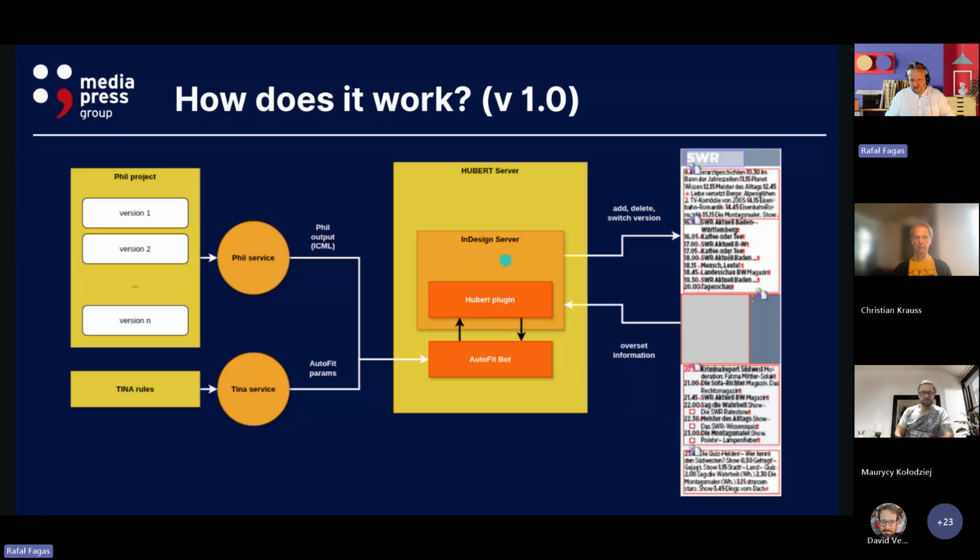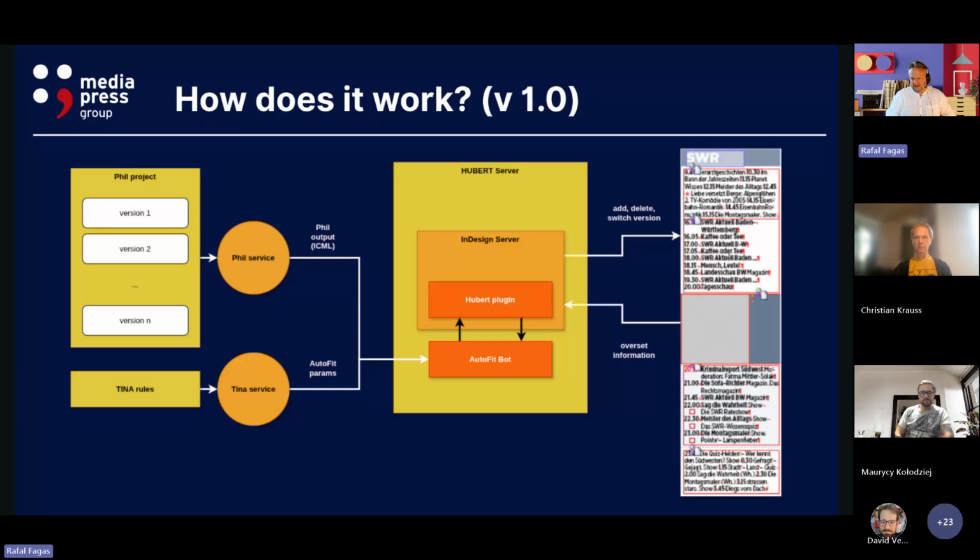In version 1.0, AutoFit used an algorithm which relied on adding records, deleting records, and switching versions to a shorter or longer layout to achieve the proper length of the column.